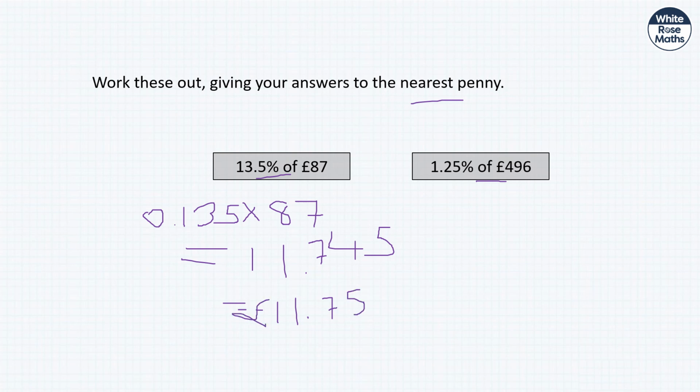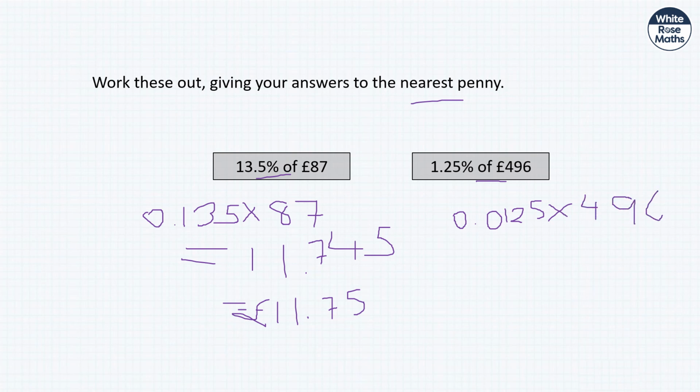Okay, this next one, being very careful, I'm going to be doing 0.0125 times 496.